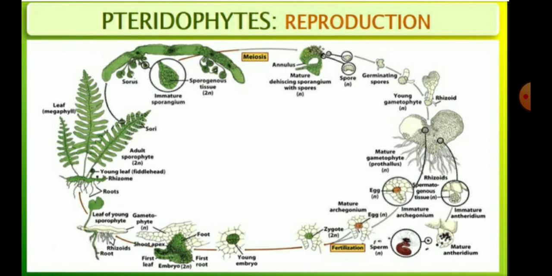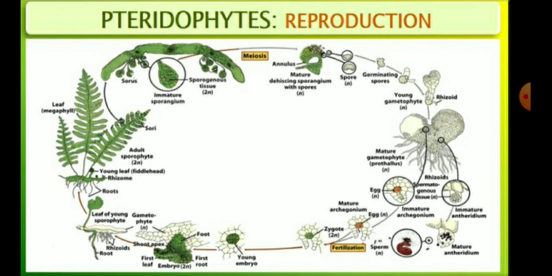After the cell division, the meiosis process, these spores are developed, which are haploid in nature. After germination they produce the young gametophyte body. The gametophyte is haploid in nature, and through this the mature gametophyte, the prothallus, is developed, and after that the egg cell and the male and female gametes develop.